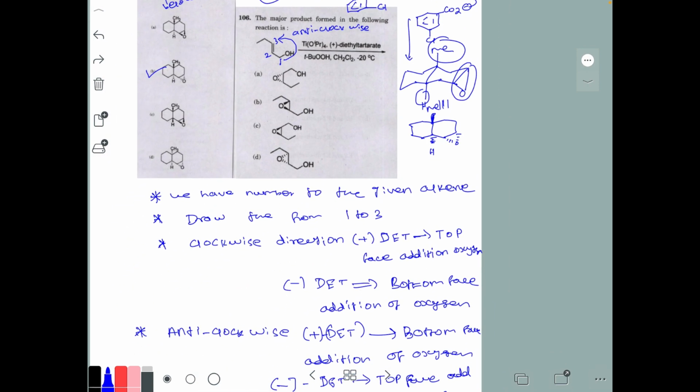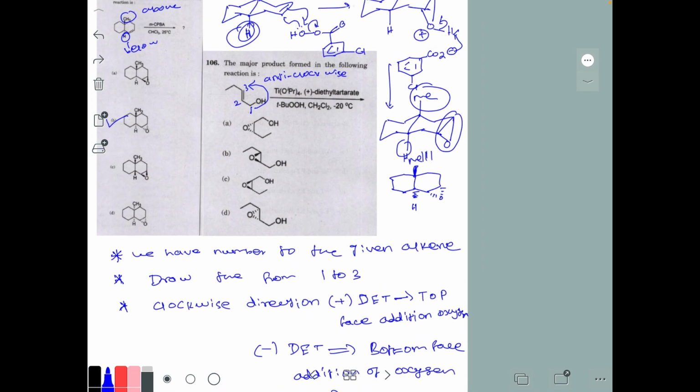Anti-clockwise means plus diethyl tartrate gives bottom face addition. So the epoxide oxygen will be below. So this is the correct answer. Here top face addition, bottom face addition only, but the position of alcohol is changed, so A is not the correct answer.